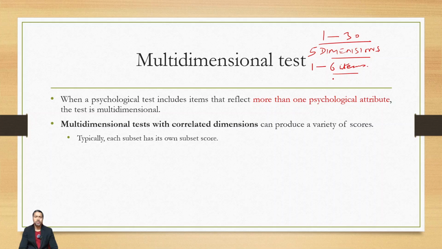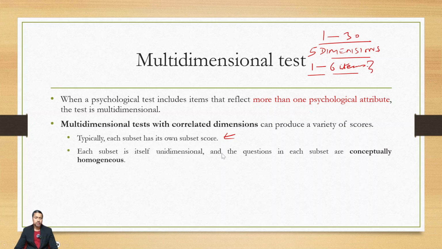So 5 dimensions become 30 items. Because there are 5 different dimensions, 5 different constructs or 5 different factors, the 6 items associated with a single dimension should get summed or averaged, and that will produce a subset score for each subset.